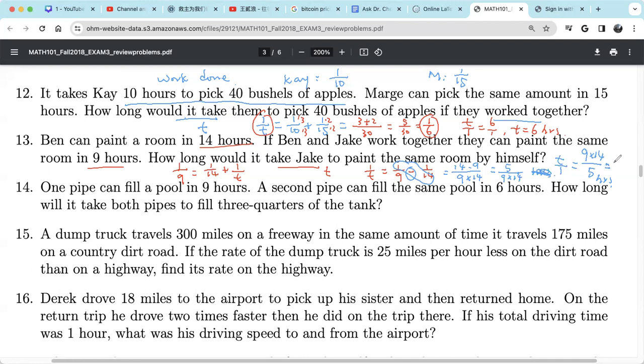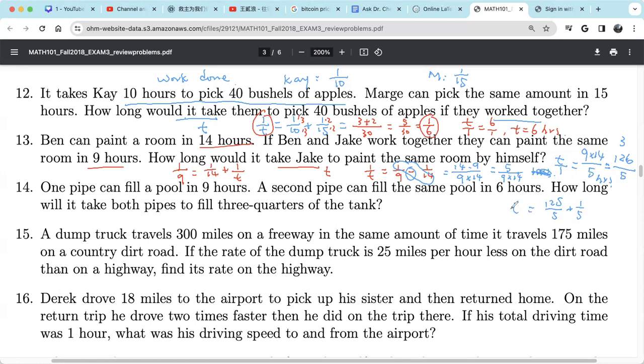So 9 times 14, now let's calculate. 126, right? Because 4 times 9 is 36. So we carry 30. Then 10 times 9, that's 90. 90 plus 30 is 120. So 126 divided by 5. That's 125 divided by 5 plus 1/5.